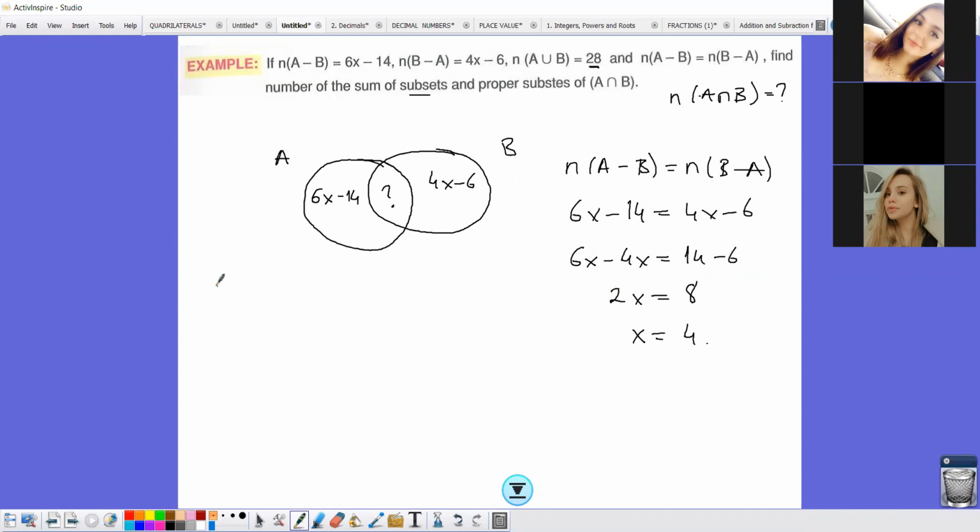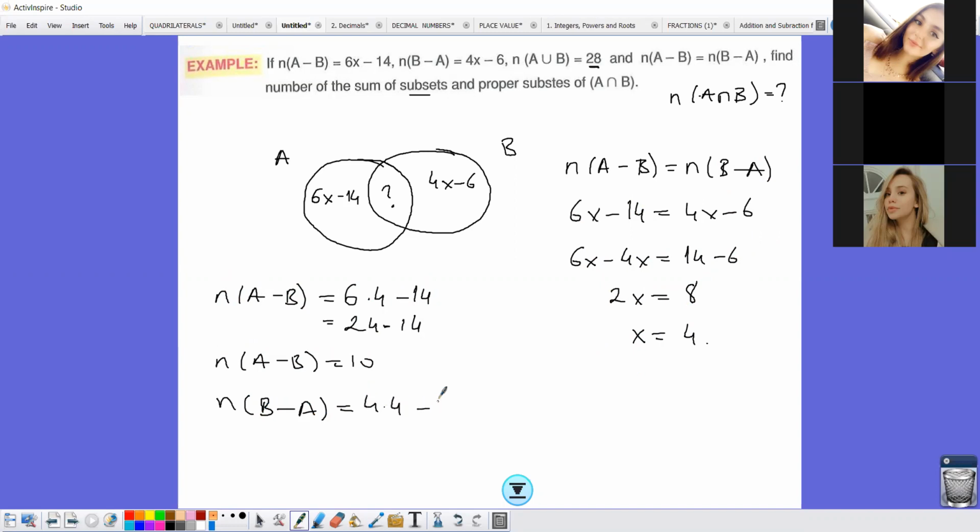With this x, I will find how many elements I have in A minus B: 6 times 4 minus 14, which is 24 minus 14. So we have 10 elements here. How many elements will we have in B minus A? 4 times 4 minus 6, which is 16 minus 6. Also 10. I don't have to do this one because it's given that they are equal, but okay.